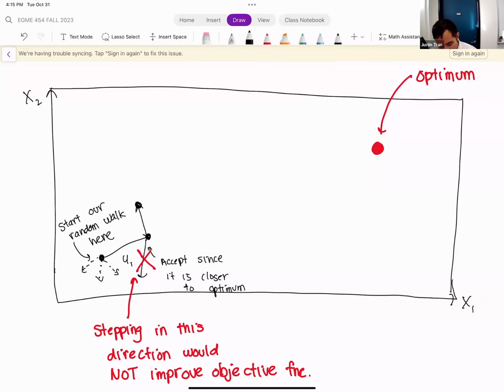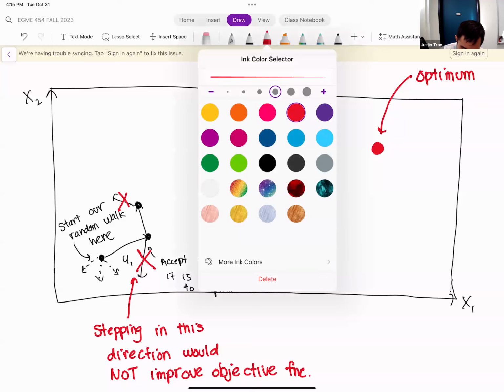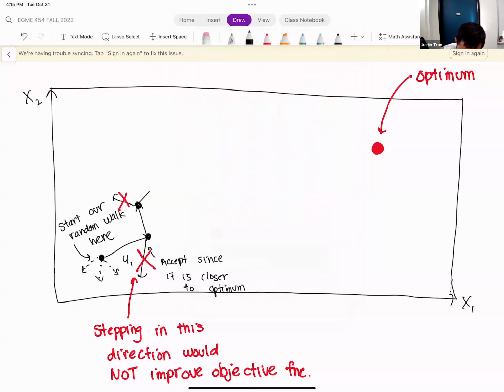Okay, and then this is just going to continue on and on. So, we're going to test a direction. If that direction doesn't lead to an improvement, we're going to reject it. Then we test another direction. So let's say that we move in this direction here. Right, that's an improvement, so we can stay there. We test again. Maybe go like that. That's not an improvement, so we reject that one.